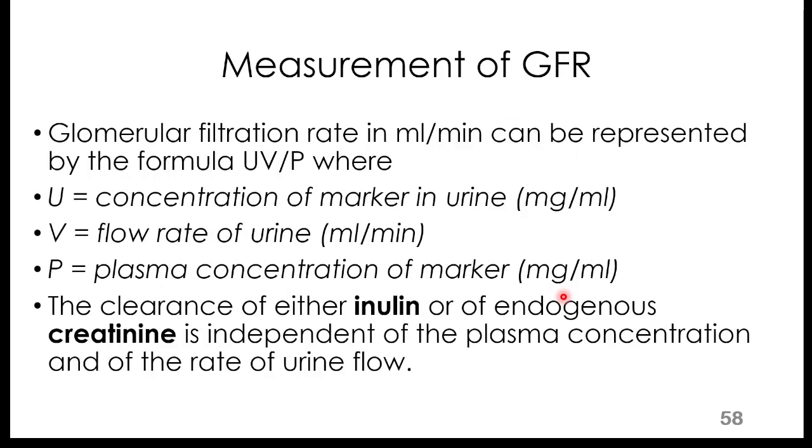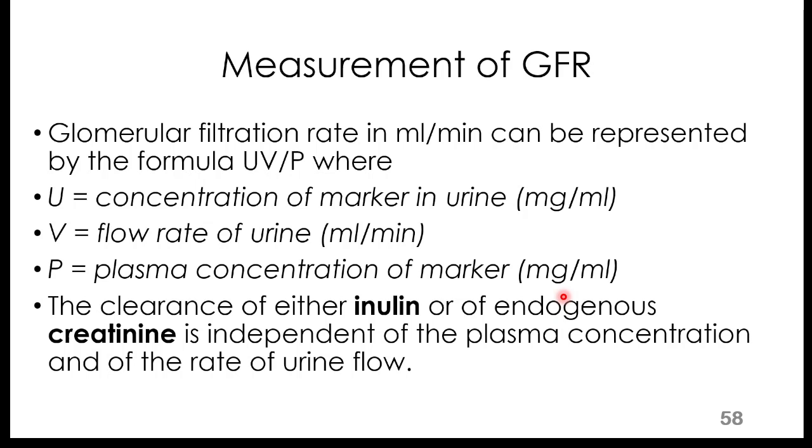So now let's look at the measurement of GFR. Like we said, the glomerular filtration rate in milliliters per minute is represented by the formula UV over P, where U is the concentration of the marker in the urine, V is the flow rate of urine, and P is the plasma concentration of the marker. So the clearance of either inulin or endogenous creatinine is usually used.